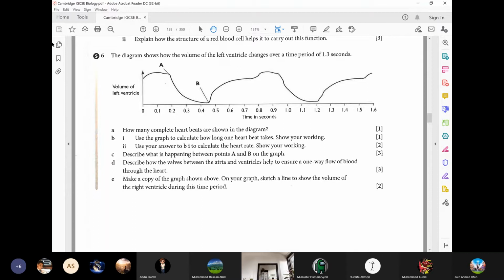Now, what you will do, you will draw a line almost the same way, just a little bit above this one. Why? Because the volume will be a little bit higher in the right ventricle than in the left ventricle, because of the walls of the right ventricle being thinner.